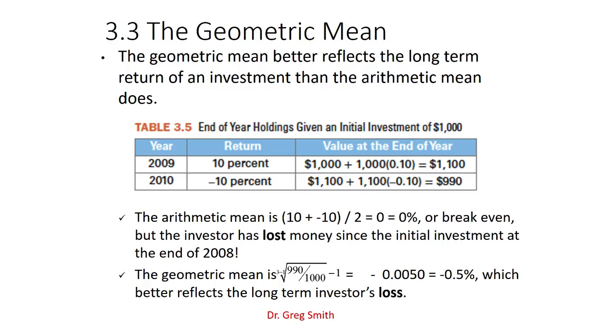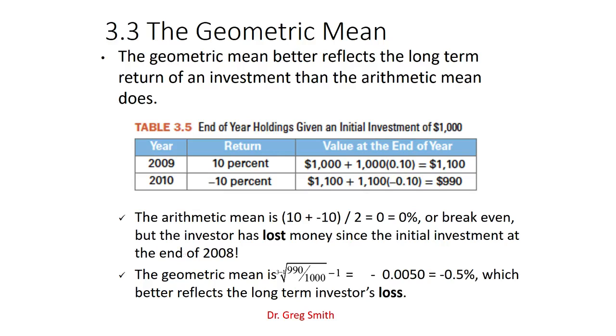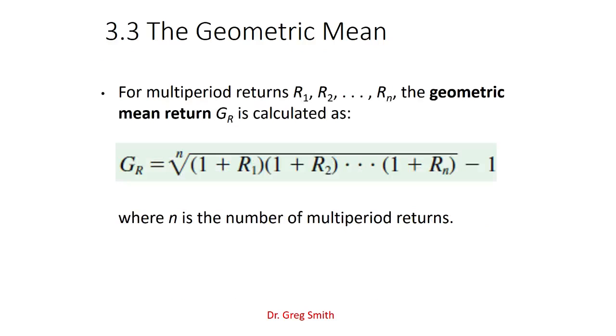That's a geometric piece. I'd like to see 990, where I ended, from where I started, over a 2-year interval. So I take the square root of their difference and subtract 1, and I get this 0.5% return, which is negative. What we're doing is creating a geometric mean return over a period of time.